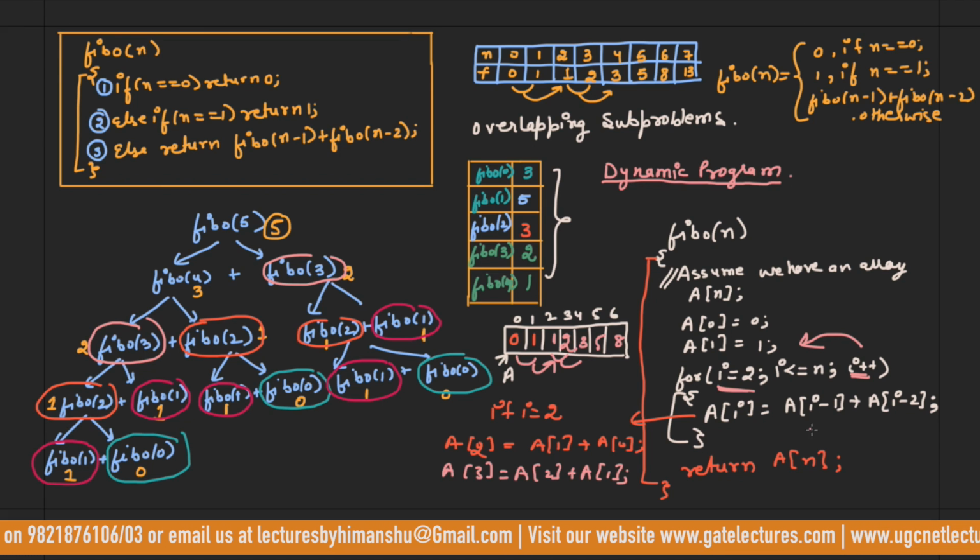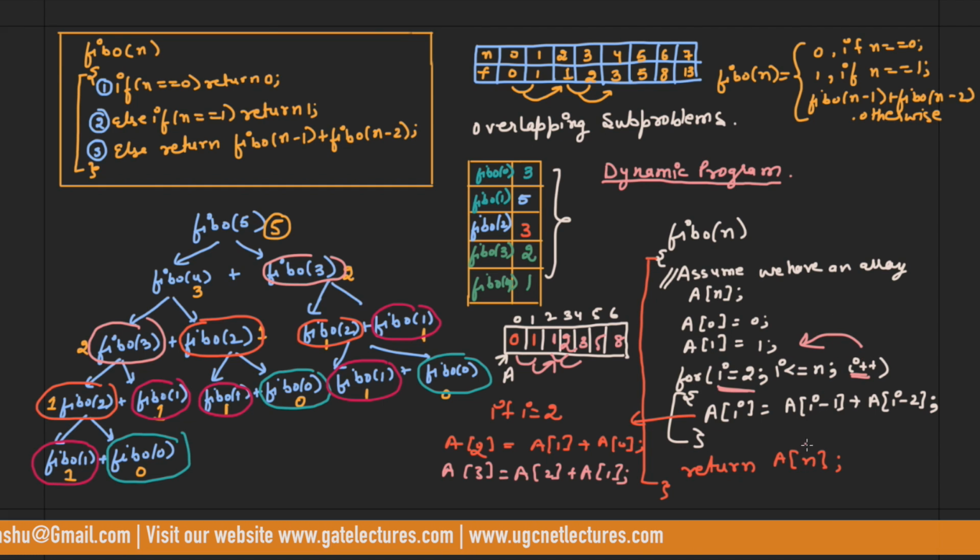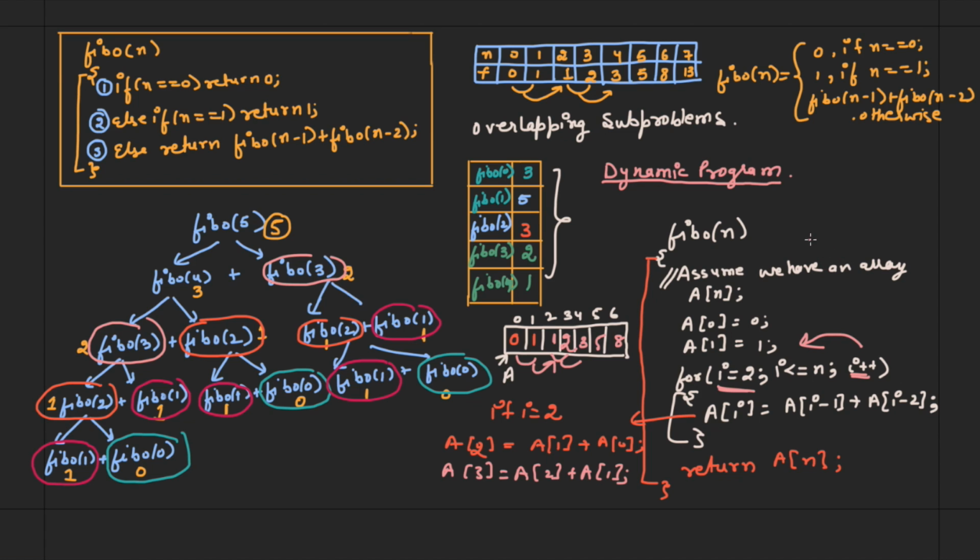I believe this is one of the easiest methods, but we can still improve it. Instead of using an array, we can minimize the array size to find the Fibonacci of a number, but that is not the point. You can easily write a program which does not even use an array, because this kind of array is going to use order of n space.